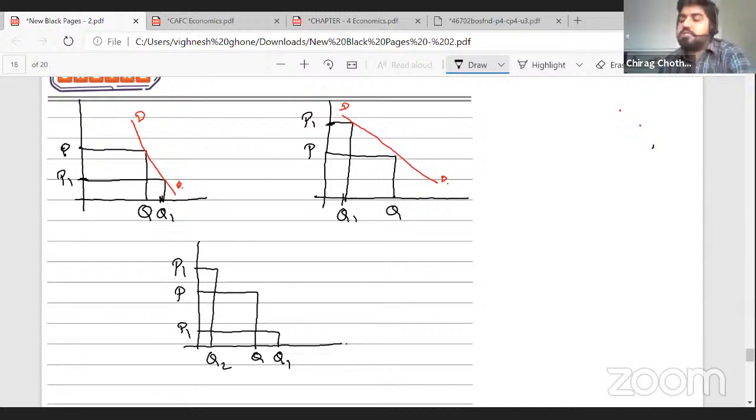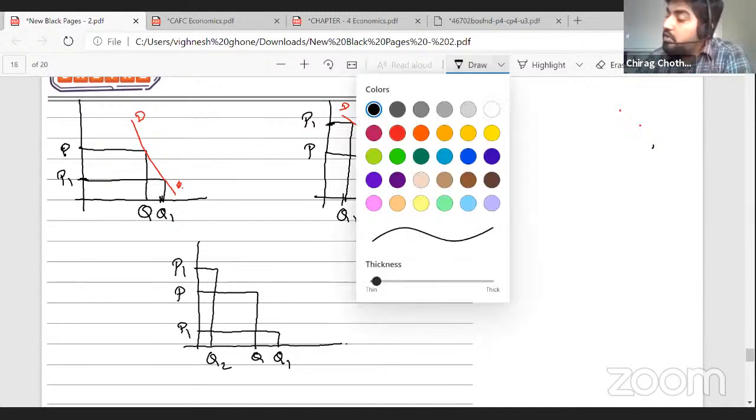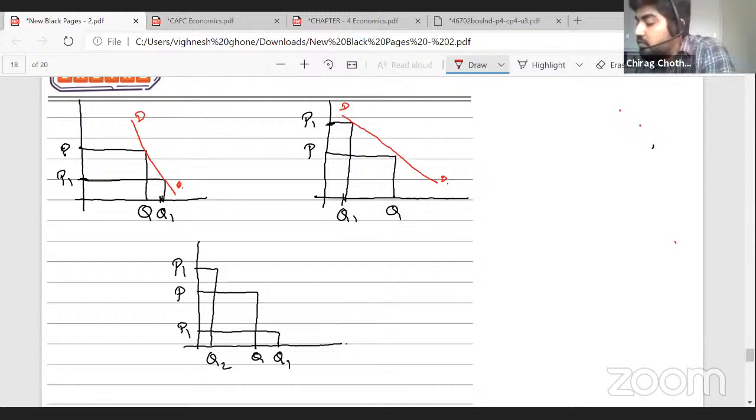And based on this, if I try to draw a demand curve, how would the demand curve look? The combination of these two, the demand curve would look something like this. Yes or no? If I erase these boxes now, just give me 1 second here. Let me draw this curve again so that it is very clear for you.